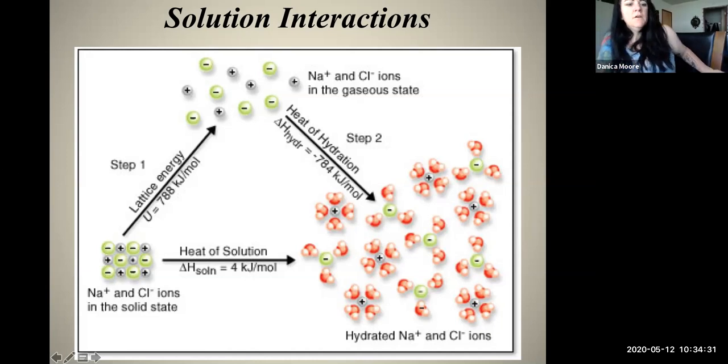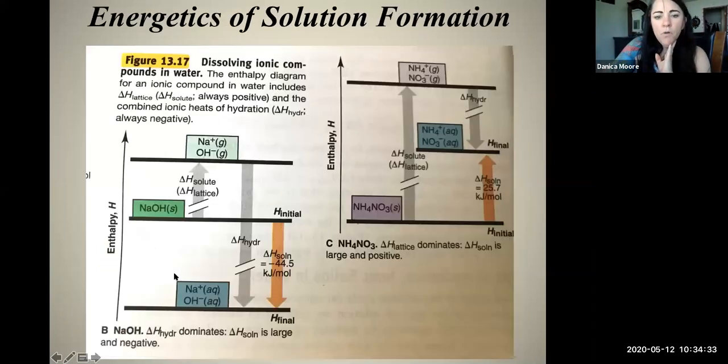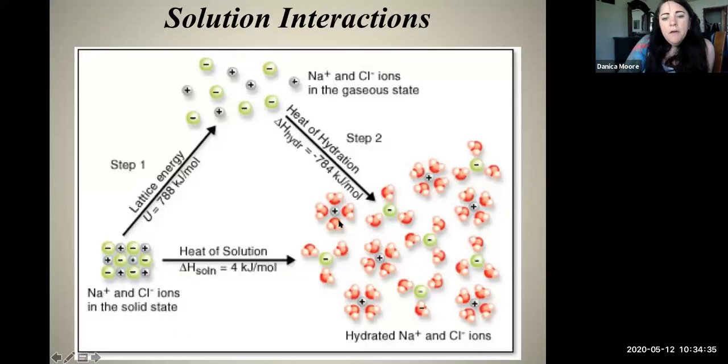So here's an example of the steps involved. They kind of simplify this into 2 steps. We have the ionic solid being broken up here. So if this is sodium chloride, I'd have the sodium chloride ions being broken up by adding the lattice energy. The enthalpy of the lattice is something that you could look up in a table.